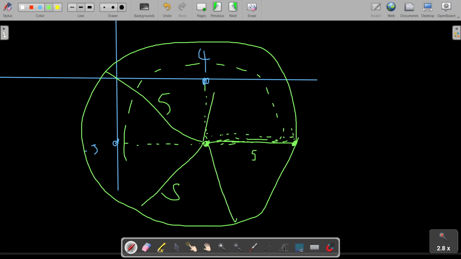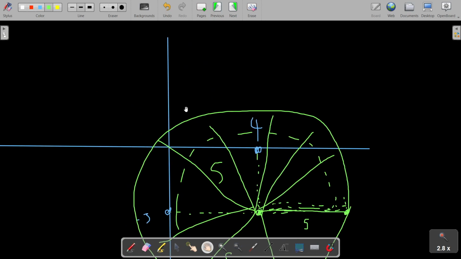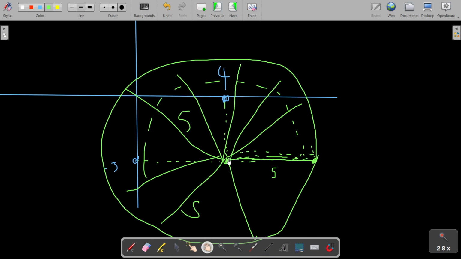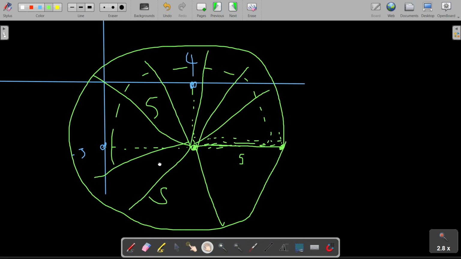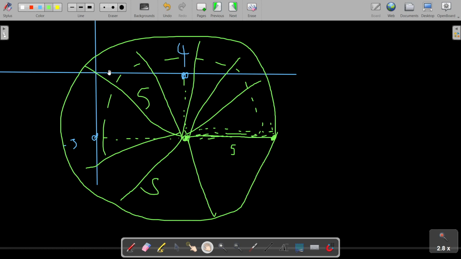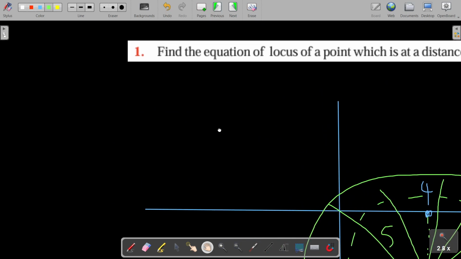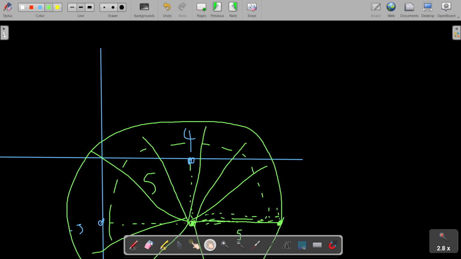So basically, this forms a circle. We are going to get the previous form, but this does not have the origin as its center. So this does not give the general form x squared plus y squared is equal to a squared.